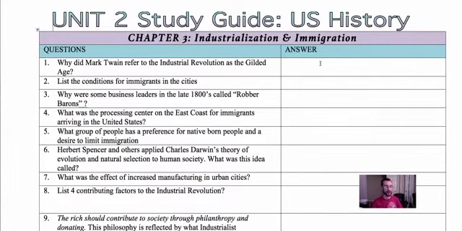Alright, so number one says, why did Mark Twain refer to the Industrial Revolution as the Gilded Age? Well, the answer for that is going to be that laying beneath the surface was corruption. So we have corruption, we have pollution.